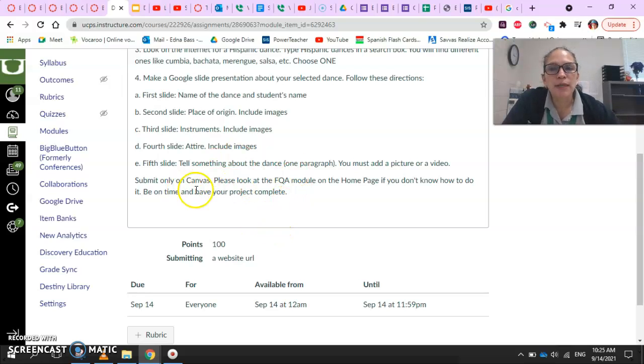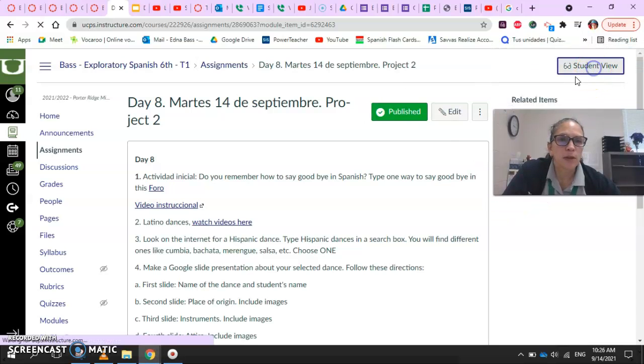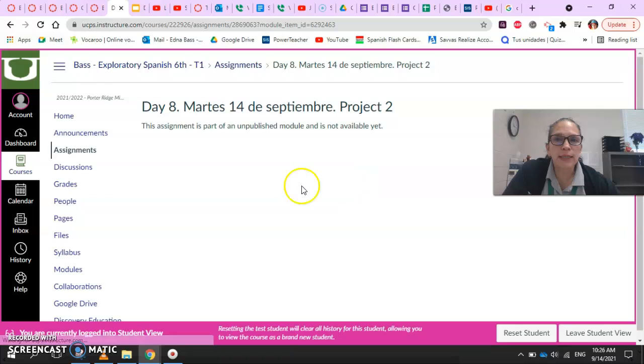You are going to submit the link on Canvas. It's right here. It says a website URL, so as usual, you're going to click right here.